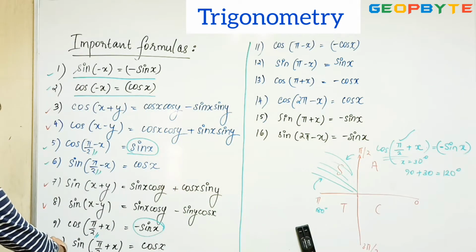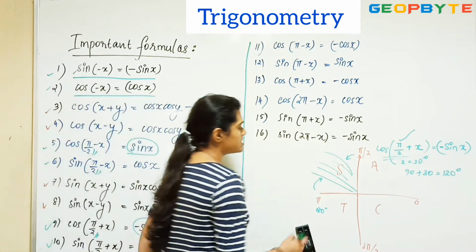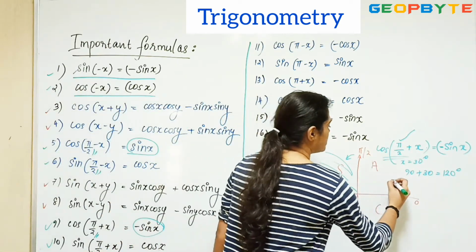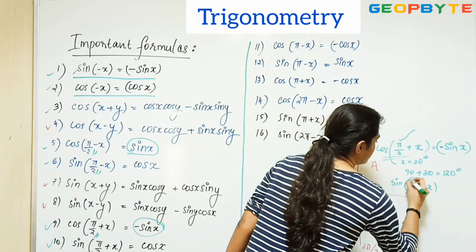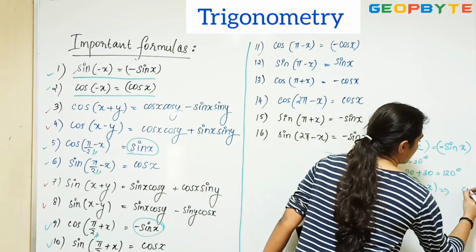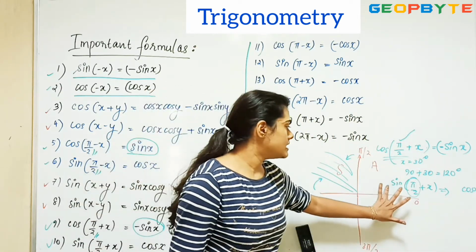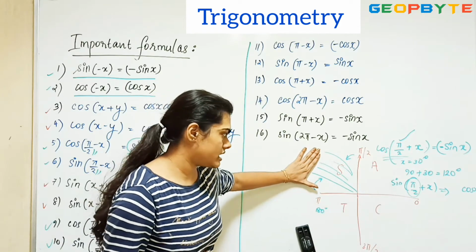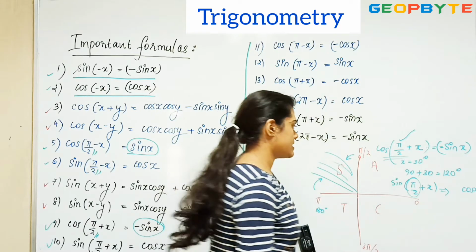Now we come to the 10th one. What is sine of pi by 2 plus x? Because it's pi by 2, we have to anyway change it to cos, and now we have to see whether it is positive or negative. But we know that sine is positive in this quadrant. So it should be a positive sign.